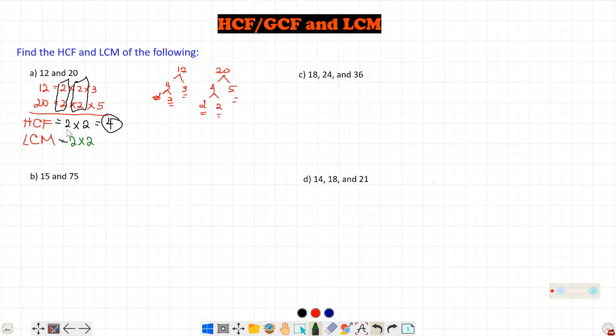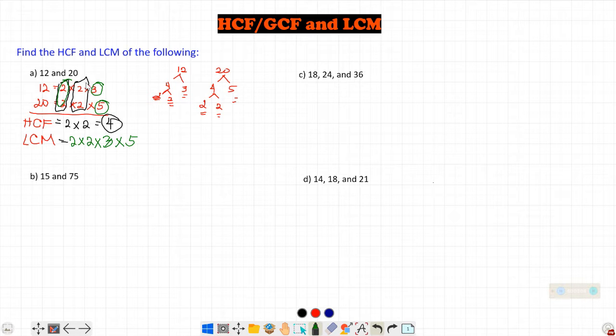And then after finding what is common to these two numbers, we also need to write all the numbers that are not paired. So that will be 3 here times 5.